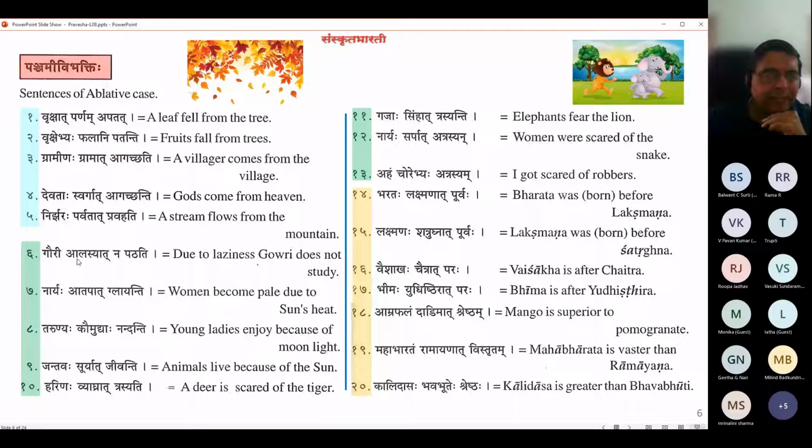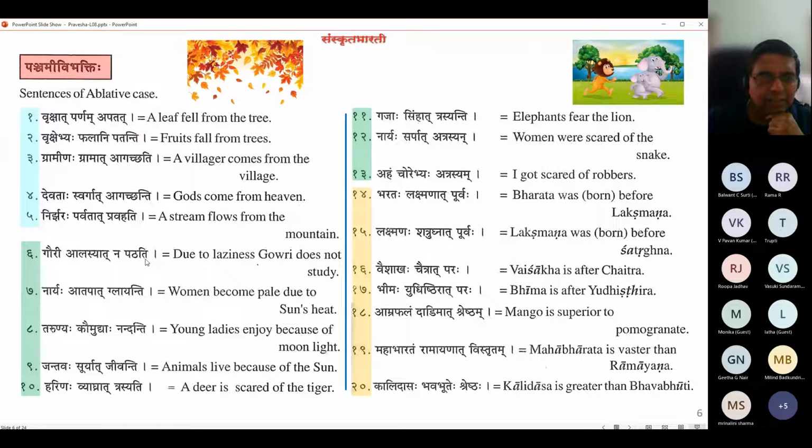So in the second segment that Balwantji read, rather than a physical source, the words in the Panchami like Alasyat, Atapat, Kaumudyaha, Suryat, Vyagrat, Simhat, Sarpat, are all the reason for some kind of conclusive action or non-action.